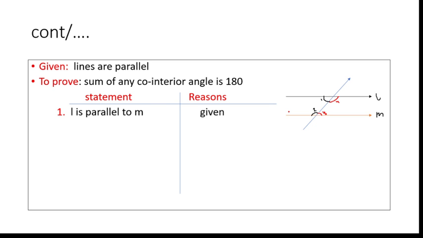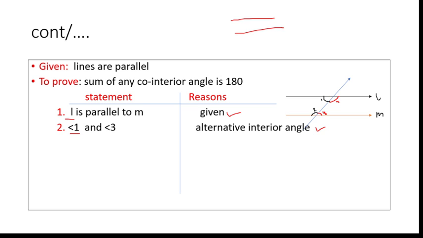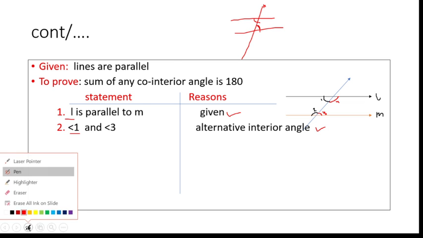First of all, lines L and M are parallel. This is our given situation. Second, angle 1 and angle 3 are alternate interior angles. If two lines are parallel, cut by a transversal MN, then this angle is an alternate interior angle to this angle.